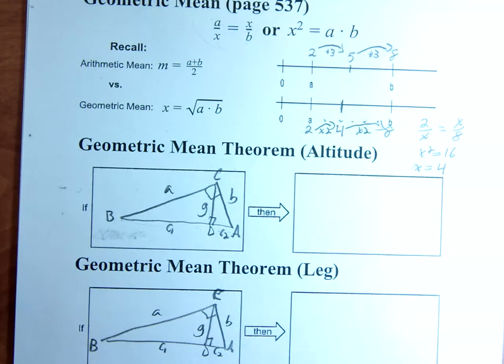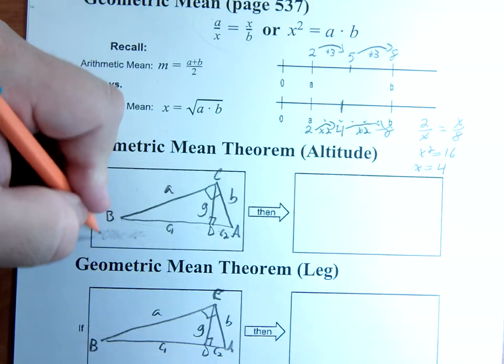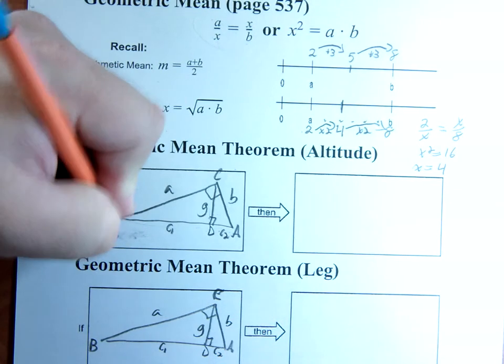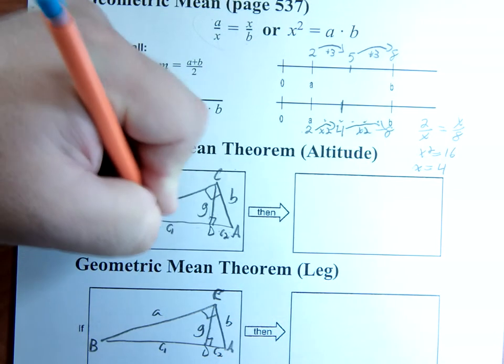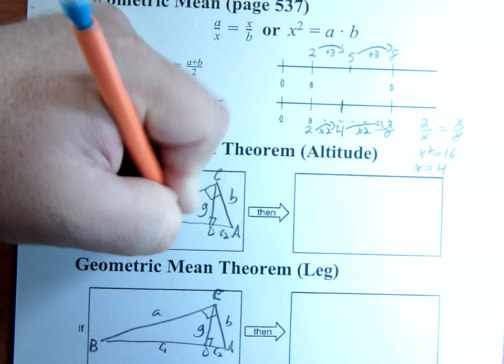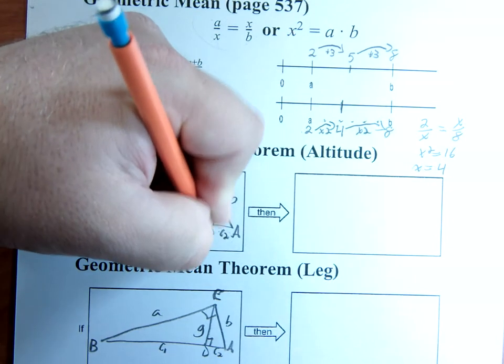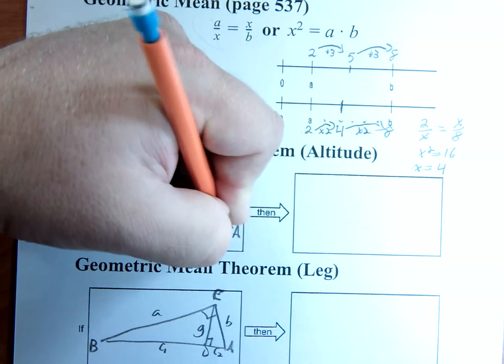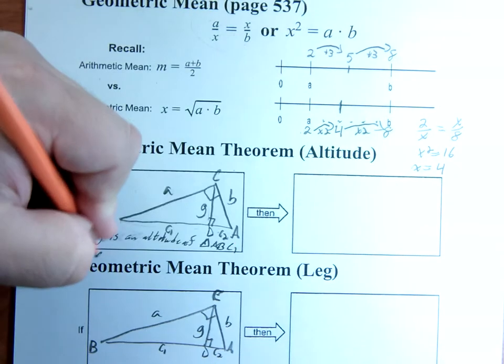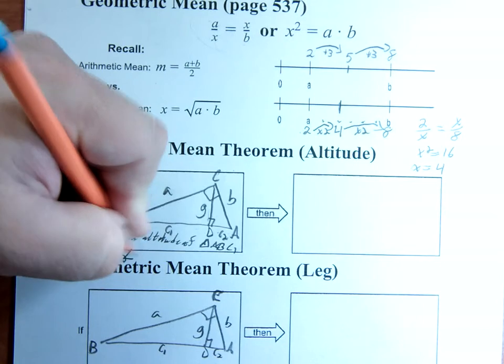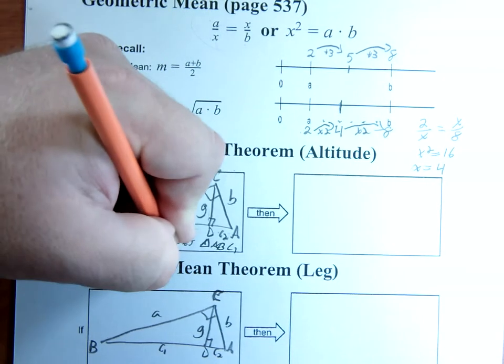So the geometric mean theorem, as it applies to the altitude, we can say if G is an altitude of triangle ABC and angle C is a right angle.